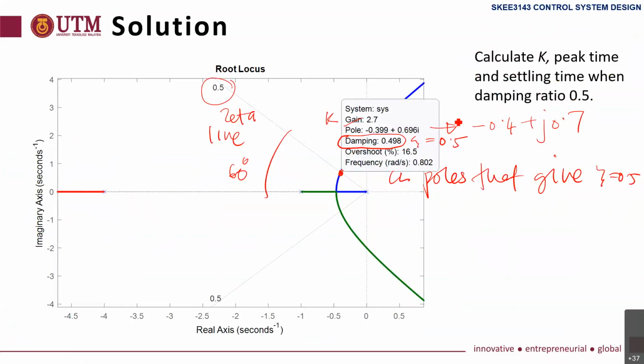And it is also given the overshoot, 16.5%. It is of course obtained based on zeta 0.5. We get 16.5% overshoot. Any question here?